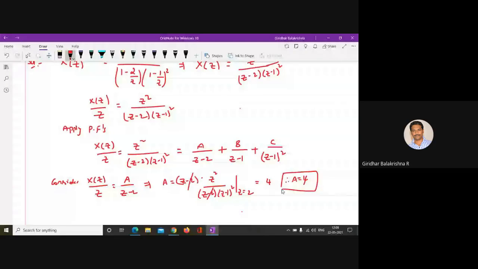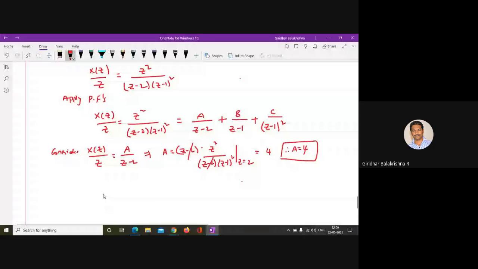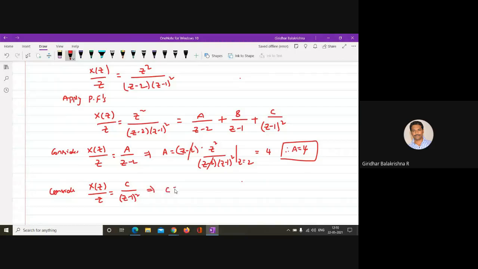Next, first we'll calculate C, later we'll calculate B. So consider X of z by z equal to C by (z minus 1) whole square. From this, C equal to (z minus 1) whole square into X of z by z, which is z square by (z minus 2) into (z minus 1) whole square, at z equal to how much?